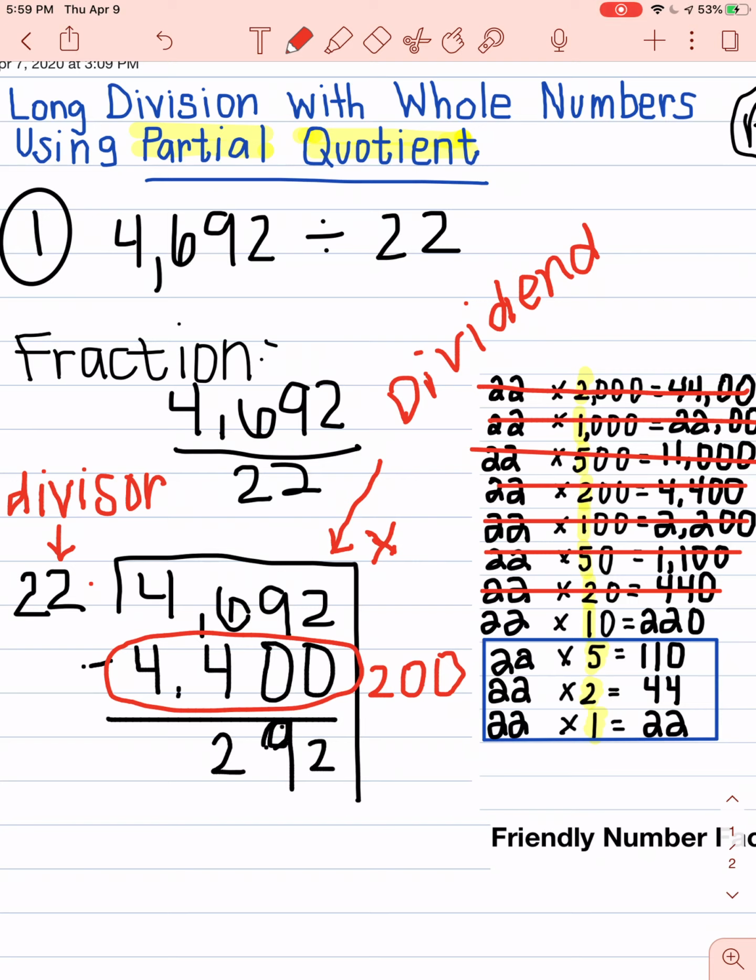What about 220? Could I subtract 220 from 292? Your answer should be yes, I can. So I'm going to go ahead and subtract 220 from 292.